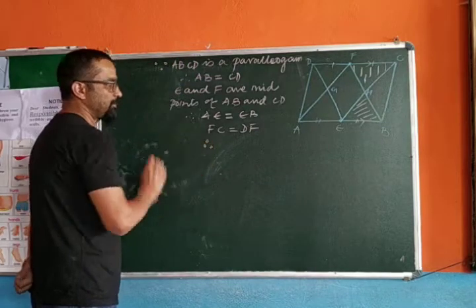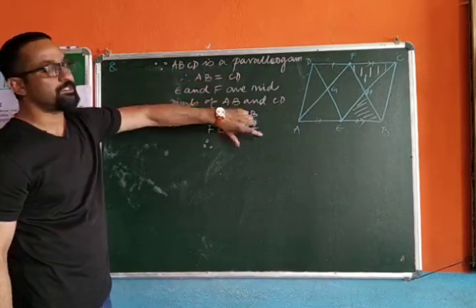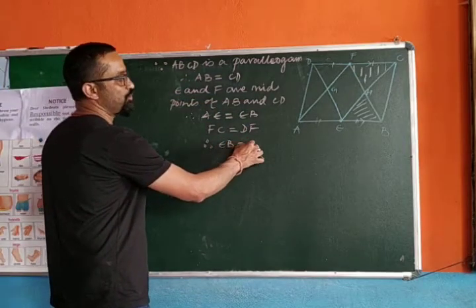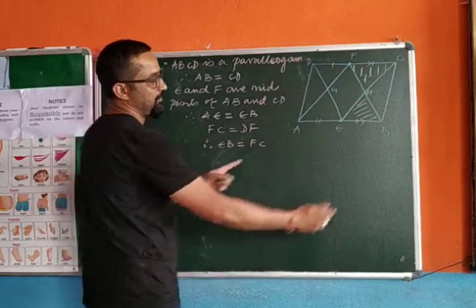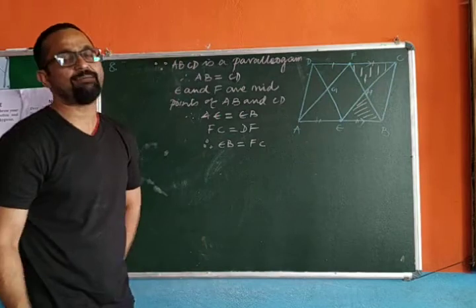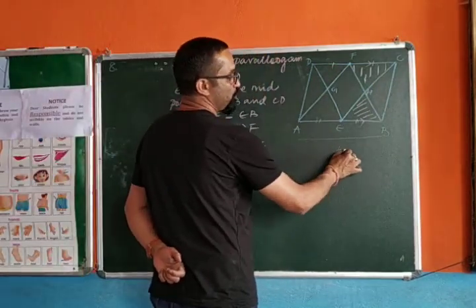Therefore, AB is equal to CD. You have two parts of them. Therefore, EB is equal to FC. This side will be equal to this. Look at this example, it will be much easier. Suppose you take this one as 4.